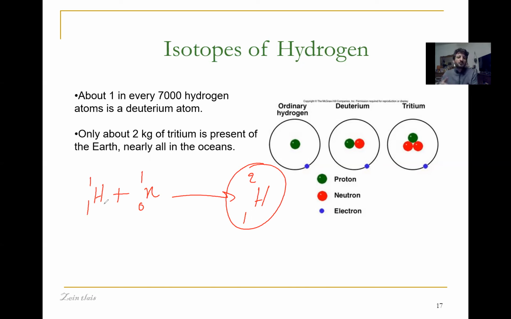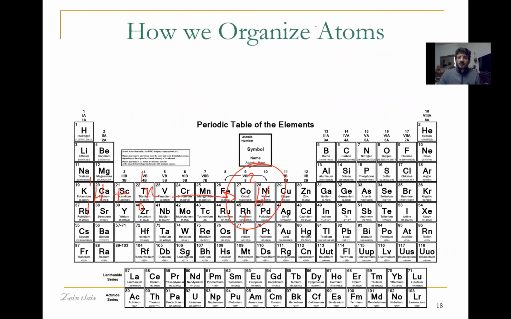We bombard also with another neutron to create a new element, the tritium. Anyway, all these isotopes have the same atomic number, Z.